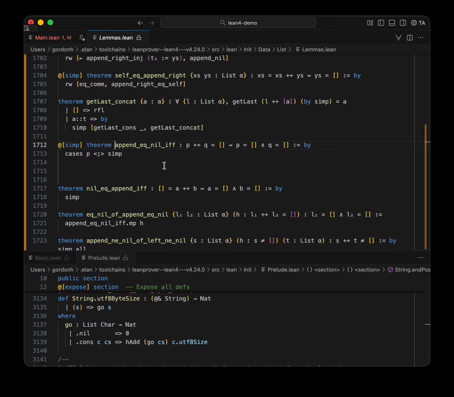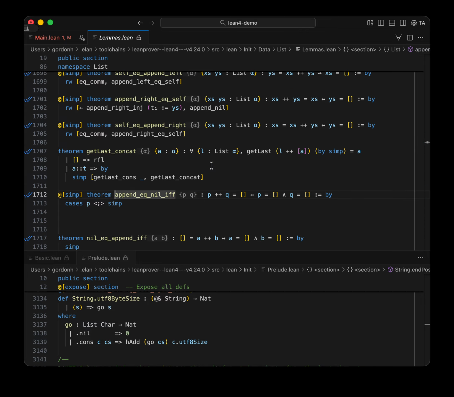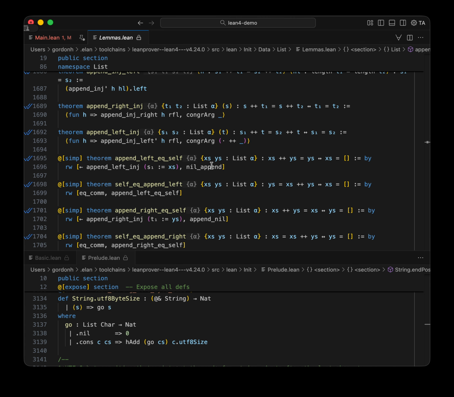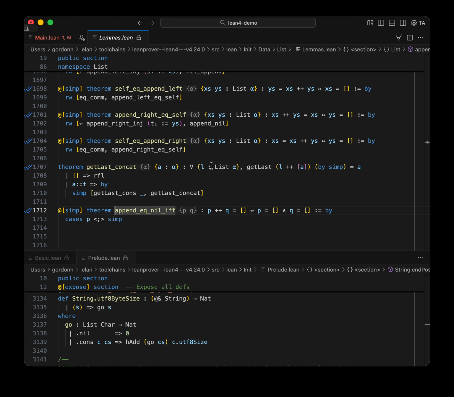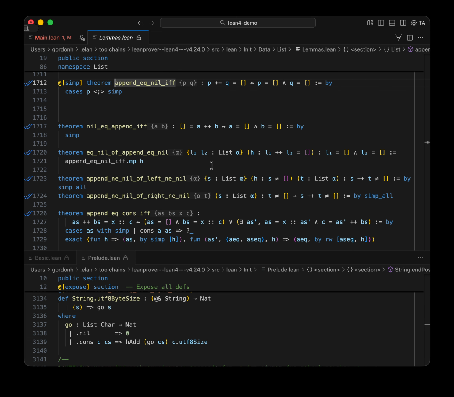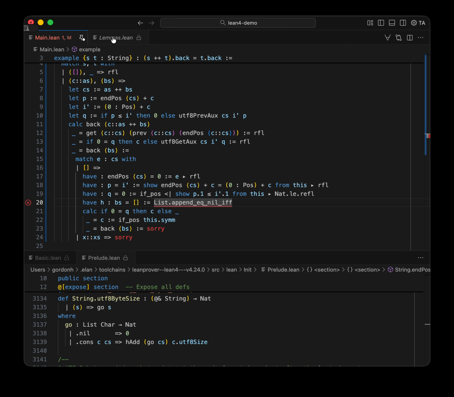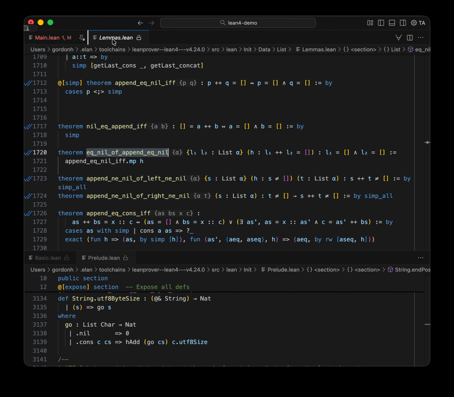Let's see if there's a shorter theorem that we can use. Okay, this looks good. So in this case, we have CS being AS appended with BS.